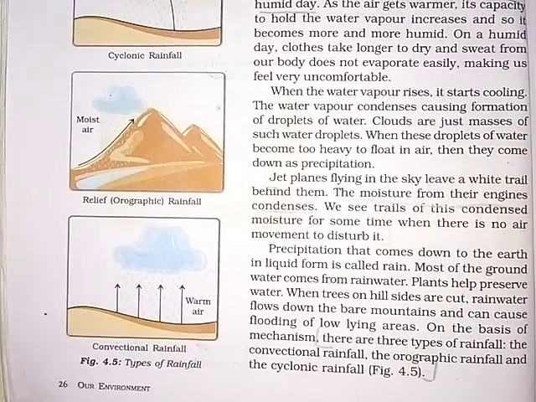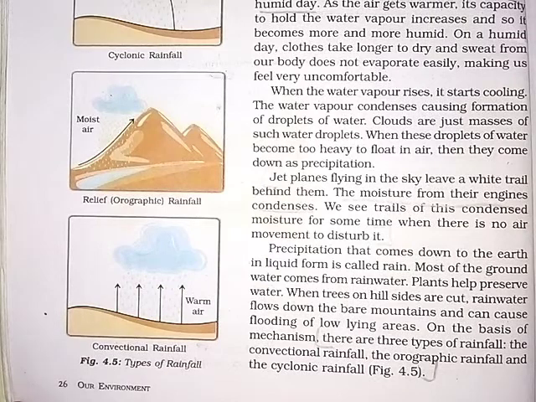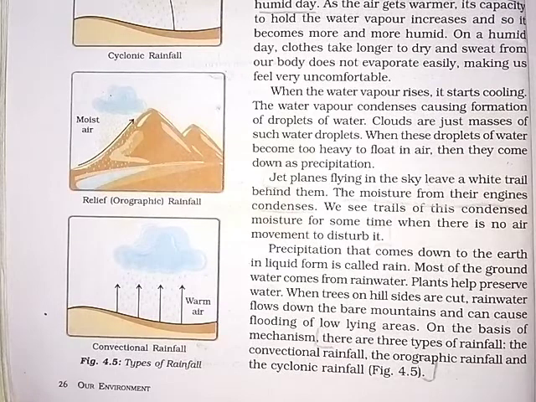The moisture from their engines condenses. We see trails of this condensed moisture for some time when there is no air movement to disturb it. Precipitation that comes down to the earth in liquid form is called rain. Most of the groundwater comes from rainwater.